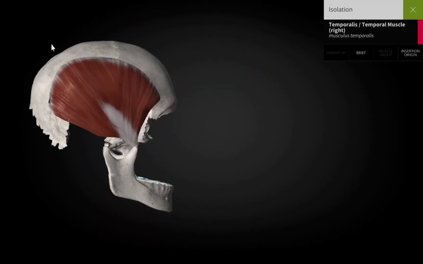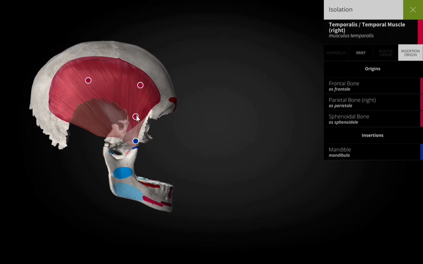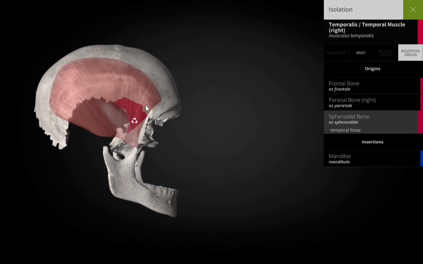Coming to the origin and insertion. This muscle takes origin from the temporal fossa. The sphenoidal bone, the frontal bone, and the parietal bone, all these bones contribute to the formation of the temporal fossa. Here you can see that. This is the sphenoidal bone, which contributes to the formation of the temporal fossa.